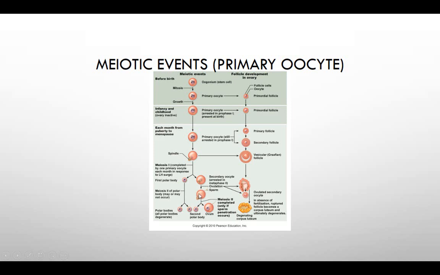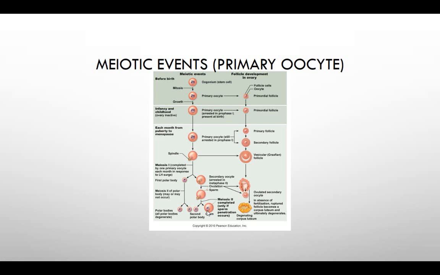Meaning if the egg doesn't get fertilized, it stays like this, and you menstruate it out, and it's washed away. Okay? But if a sperm fertilizes it, then it completes meiosis 2. This is very important. It completes meiosis 2. And if that happens, we get this secondary polar body, which again is useless, and we get an ovum right there. That's that mature egg that has been fertilized.